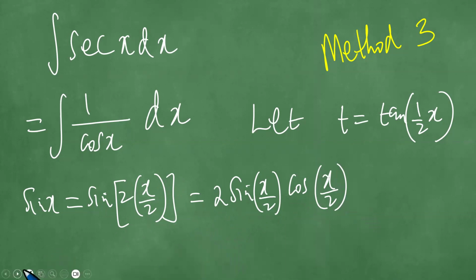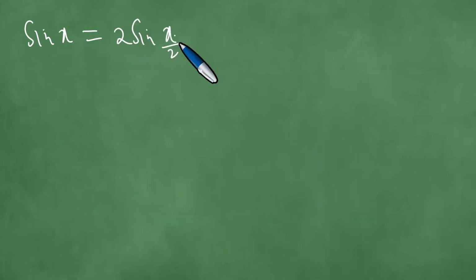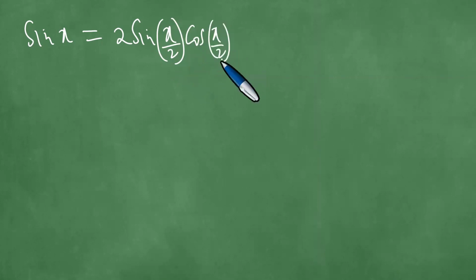Now this is much celebrated because we have seen that the sine of x is twice the sine of x over 2 cosine x over 2.